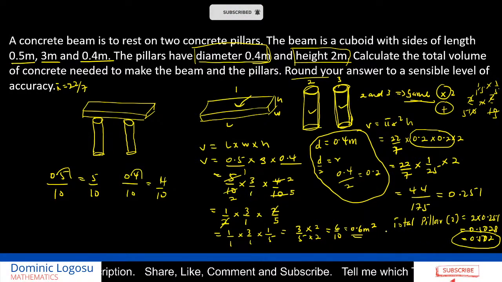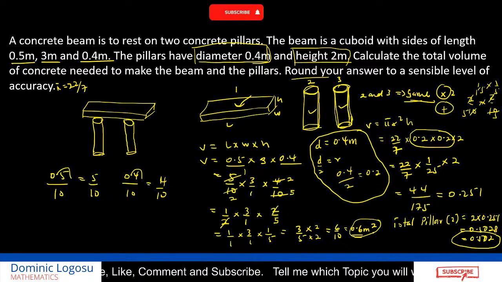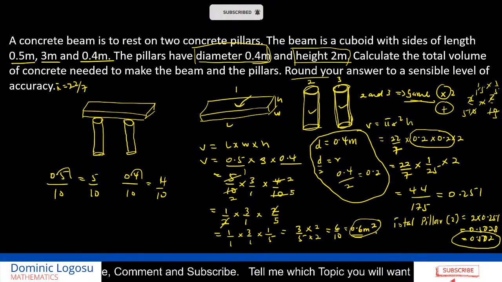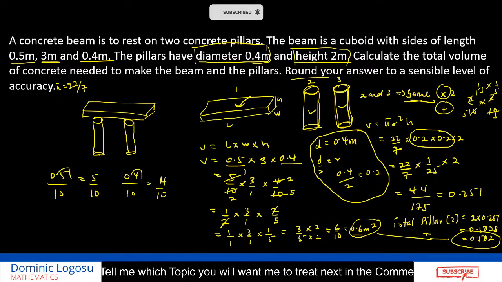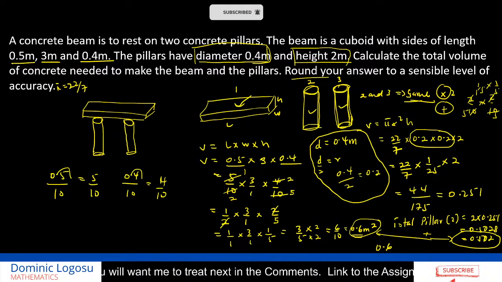Now we have this as the volume of what? The 2 pillars, and we have this as the volume of what? The beam, which is the cuboid. To find the total volume of concrete needed, we just have to add these 2. Adding these 2 should give us 0.16 plus 0.5.